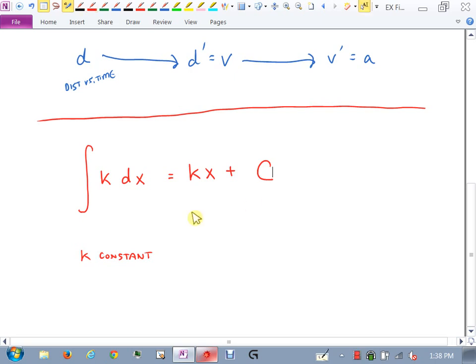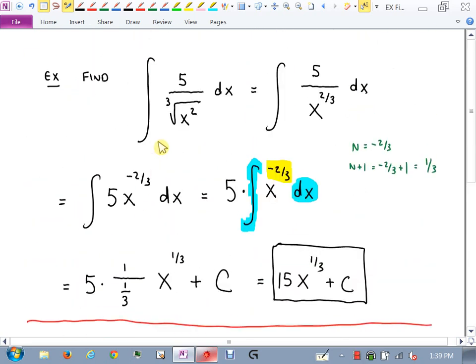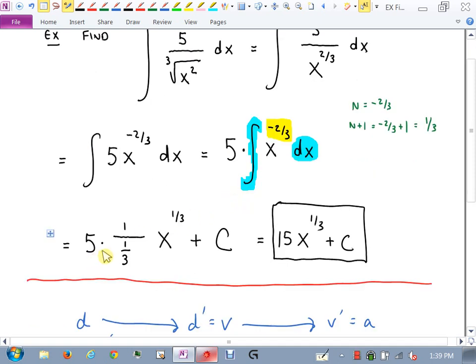Now, notice, that's a constant by itself. The antiderivative is kx. Up here, that 5 that was with us, right? It came out, and then came back in. I did not have to take the antiderivative of 5. Why? Because it was attached to a function of x.